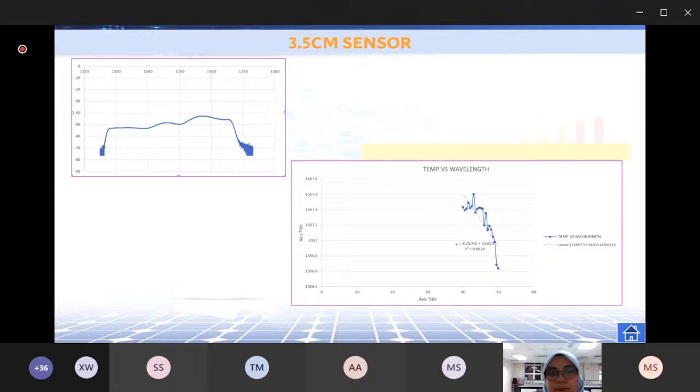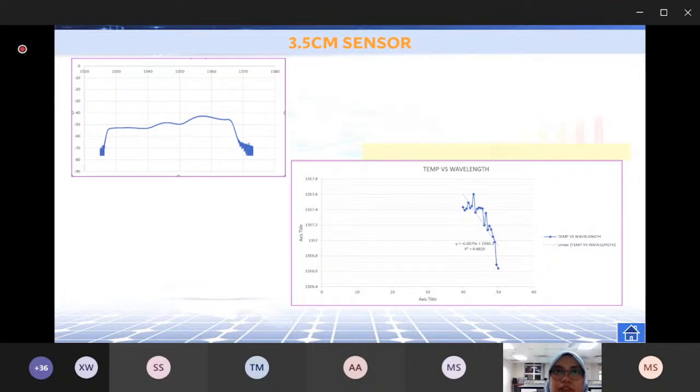Therefore, the more disturbance will give more vigorous total internal reflection, which results in a varied pattern of wavelengths. Okay.